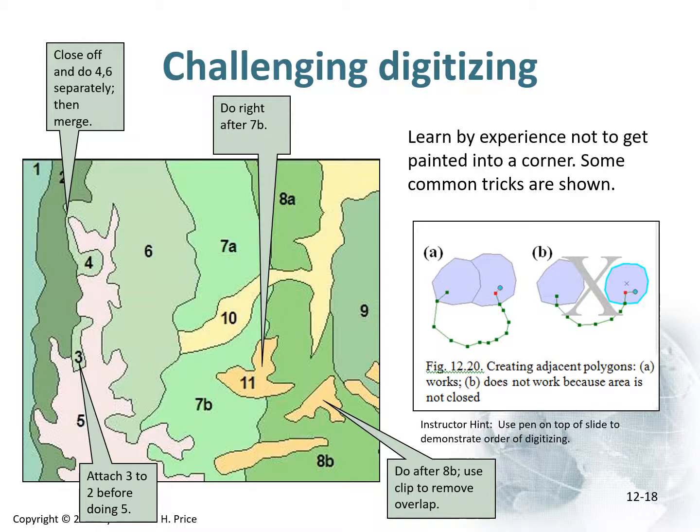And it all comes down to figuring out what you want to do. So like with that 8b, you can make that polygon, and when you make the 8b or 8a rather, either one of those will include that, so you'd have to cut that out. So that's what they're saying about using things like clip to remove it.